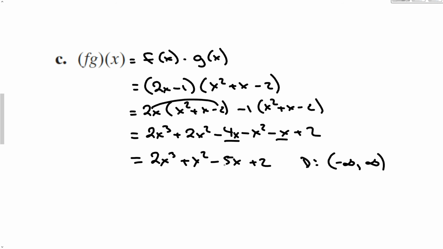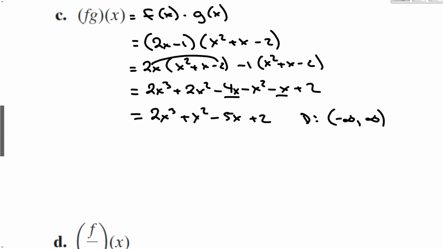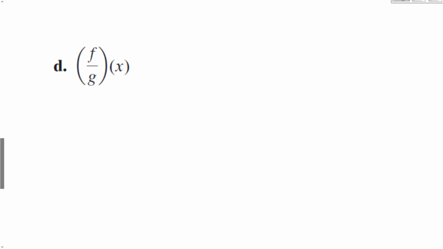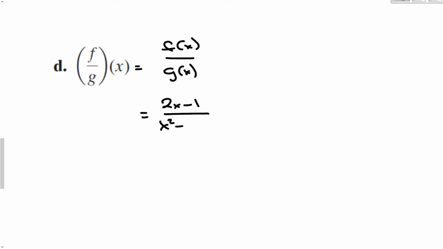There is no division by a variable, so nowhere to make a denominator 0, no radicals. I think we get the idea of that. Let's finish with division. So this is going to be f of x over g of x, which is going to be 2x minus 1 over x squared plus x minus 2.